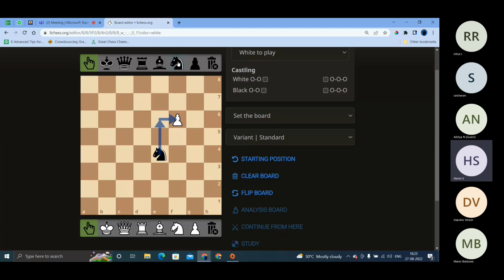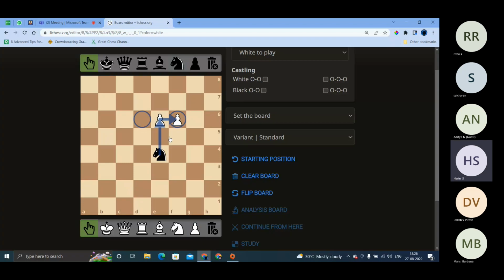Even if there is a piece here, the knight cannot capture the pawn on e6. It is not possible. A knight can only capture a piece on the landing square. So it may travel 2 steps, but it will only land here, here or here.